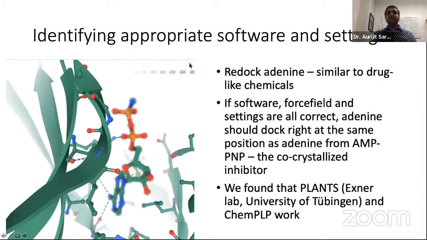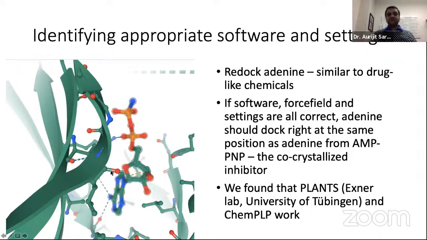So what I did was I took the adenine part right here from the co-crystallized ligand, which is AMP-PNP, a non-hydrolyzable ATP analog, and I redocked it into the crystal structure.